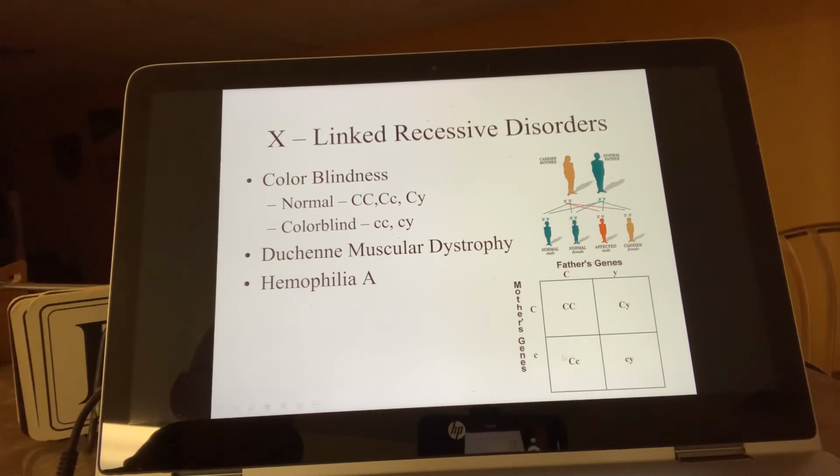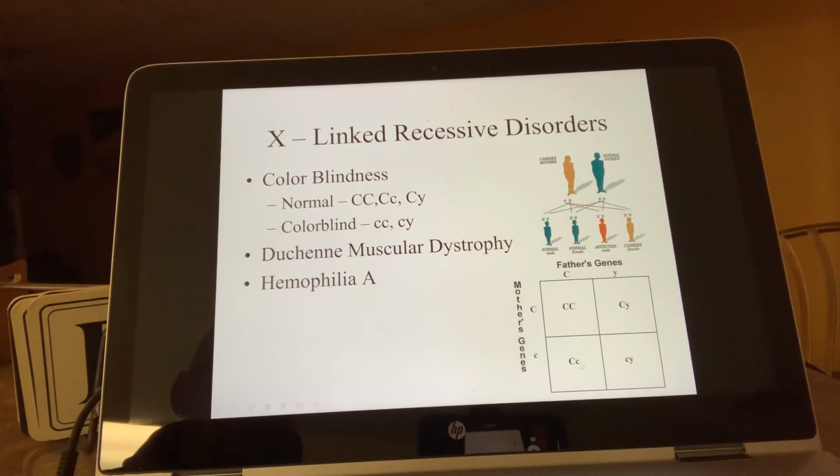The other 50% of their daughters will also not be colorblind, but will have a genotype similar to the mother's and can pass that allele on to their children.